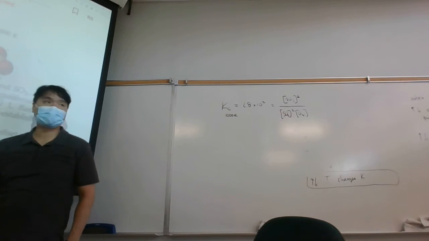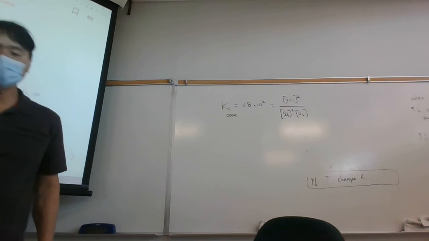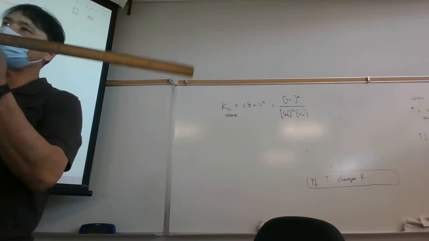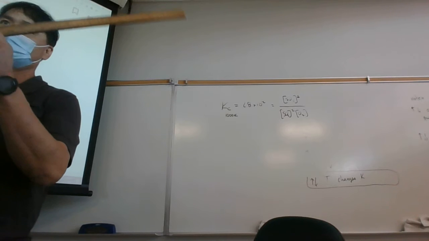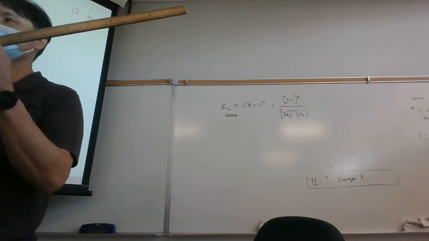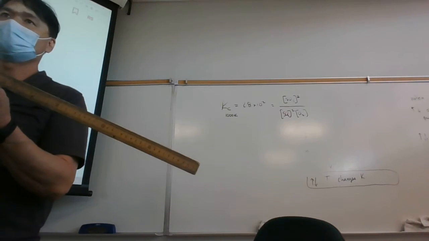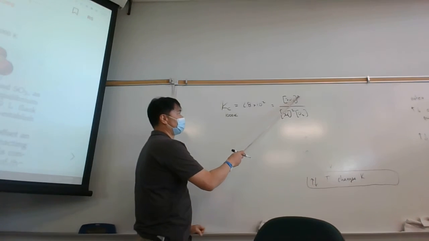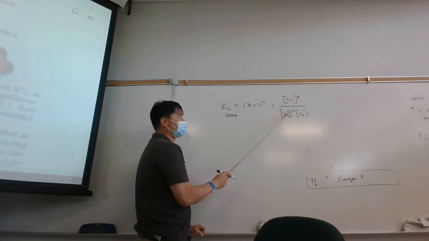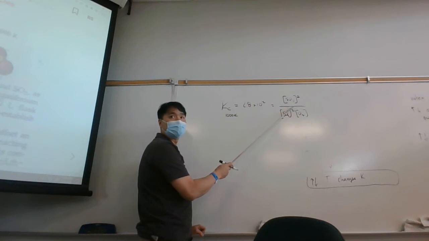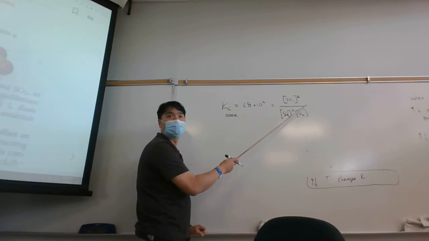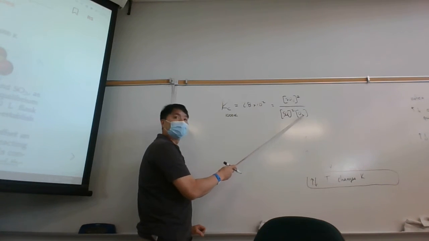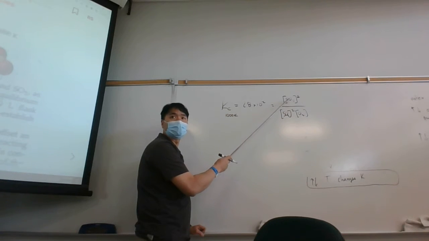So we should always maintain this balance. Is this going to be slightly favored towards the product or towards the reactant? To the product. That's what it looks like. But the products here have a square term overall. The overall order of the reactants is cubed, squared times first, so we call this third order on the bottom, second order on the top.